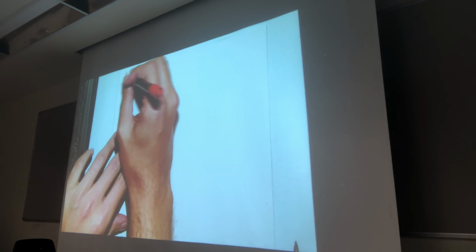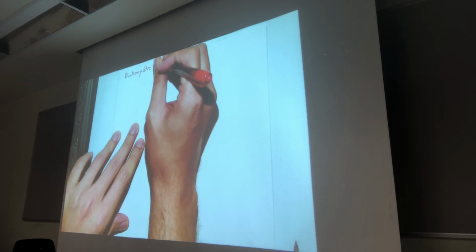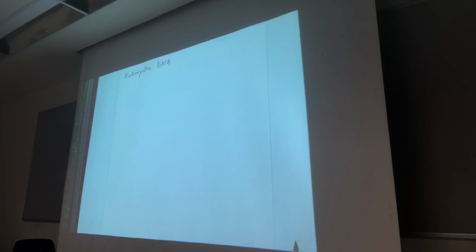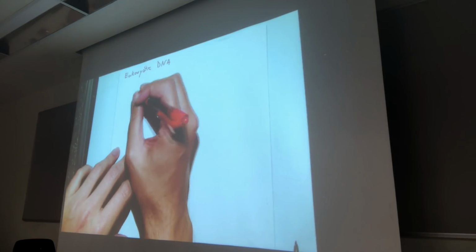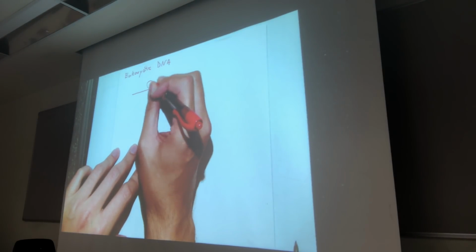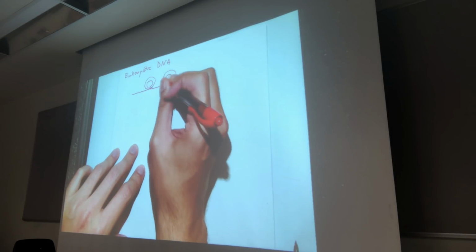All right, so eukaryotic DNA has tons and tons of base pairs. Eukaryotic DNA is very large, so in order to store it in a compact space, what we see in eukaryotes is that we have DNA wrapped around these things called histone proteins.